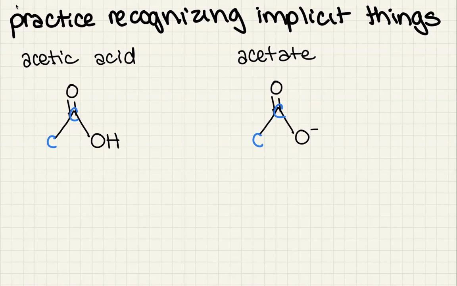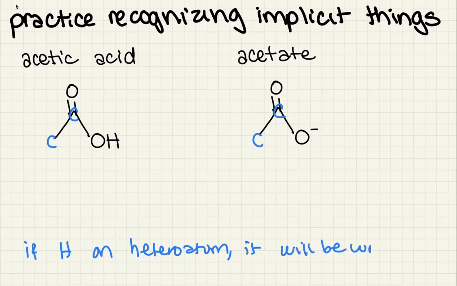If we have hydrogens on oxygen or on nitrogen, we're going to draw those. They'll be drawn in. You won't be expected to know if there's a hydrogen there or not, and that would also affect the charge. So if H is on a heteroatom, it will be written.